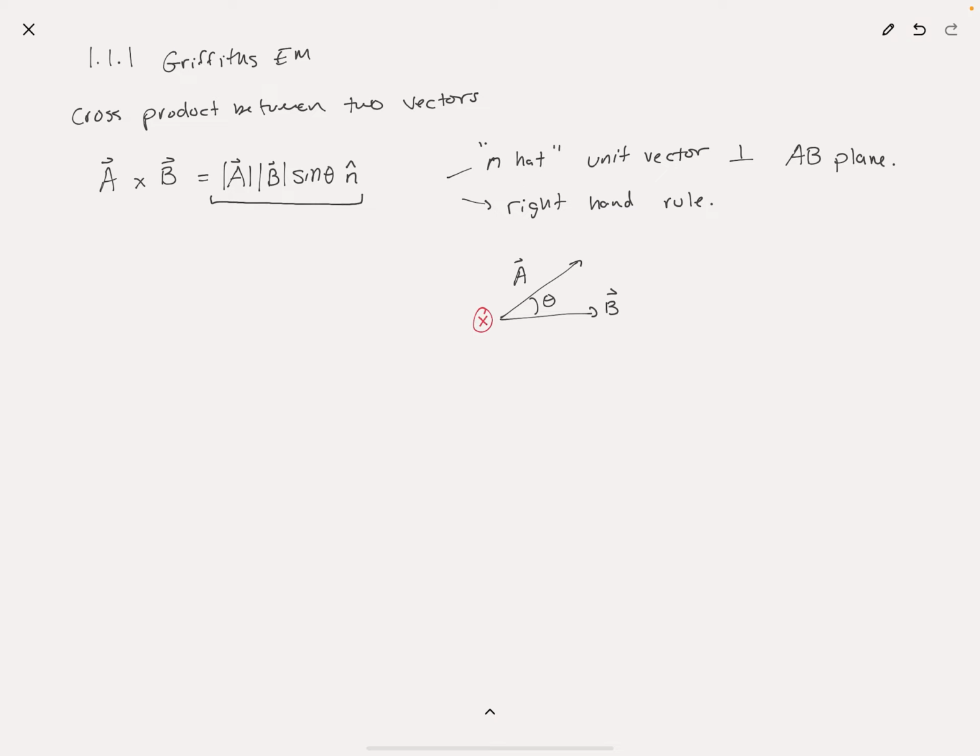A cross B is not equal to, oh, sorry, not equal to B cross A. I fudged a little bit because A cross B is equal to minus B cross A. Right. And that negative sign comes from that right hand rule where you're reversing the order of which vector is first in your right hand rule.